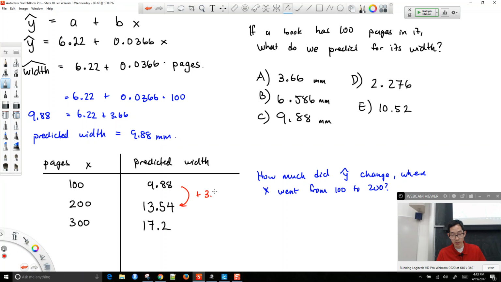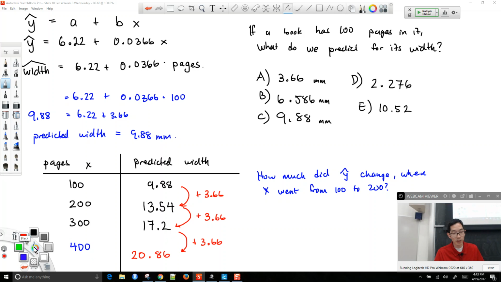What about from 200 to 300? Also 3.66. If we did 17.2 minus 13.54, we get 3.66. If I disabled the multiplication button on your calculator and asked for your prediction for 400, you would just add 3.66 and get 20.86, if I did my multiplication correctly.